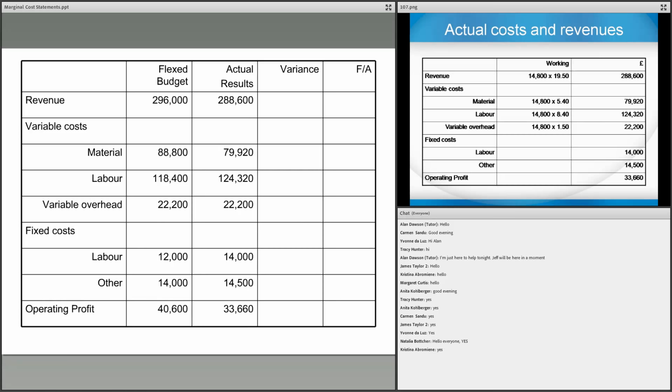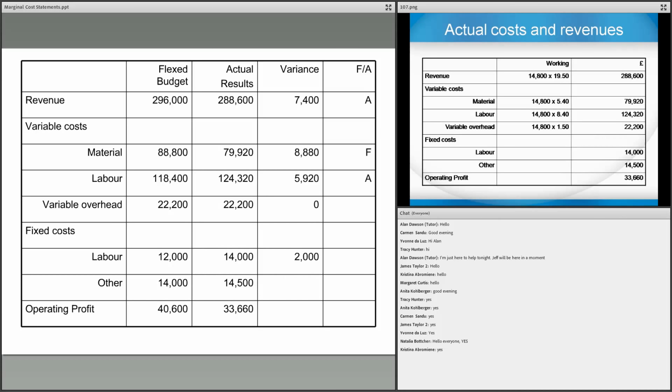So, last job of all now is to calculate our variances. Revenue variance, well, we know that's going to be less than expected. I think we all know that if revenue is less than it should be, that's an adverse variance. Material, we've got some good news there. 8,880 saving on the normal budgeted cost for that amount of sales. So that's favourable. Labour has cost us extra, as we know. That's adverse. There's no variance on variable overhead.